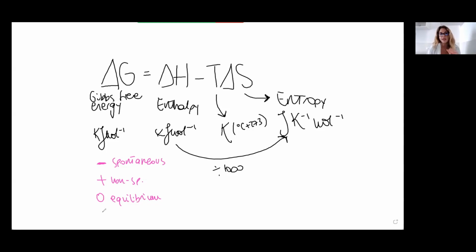Negative means exothermic, energy is released, which means we don't have to put in extra energy for this reaction to take place, so the reaction would be considered spontaneous, or better, feasible.